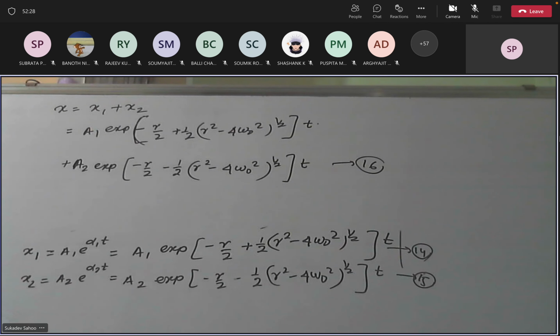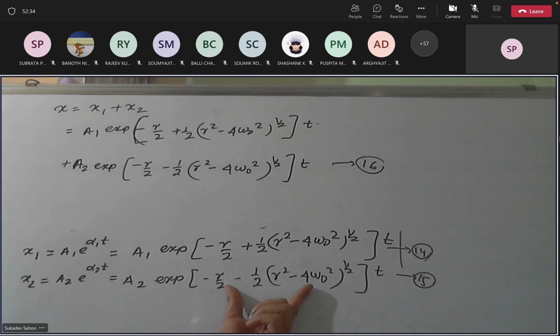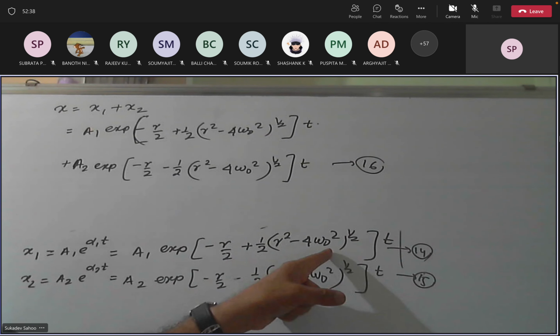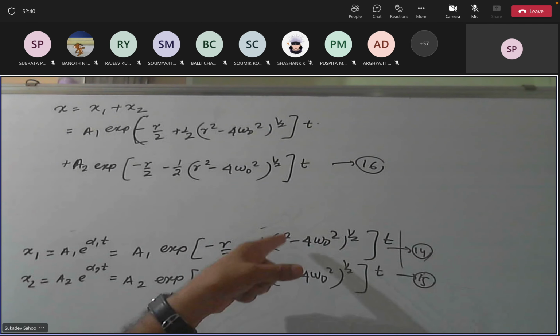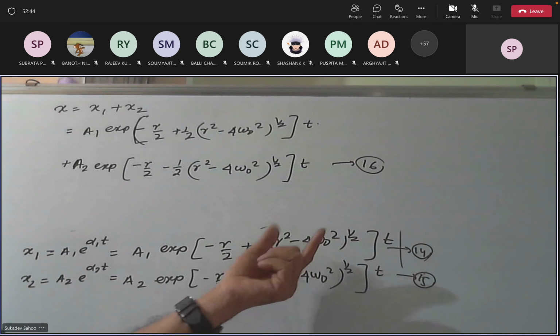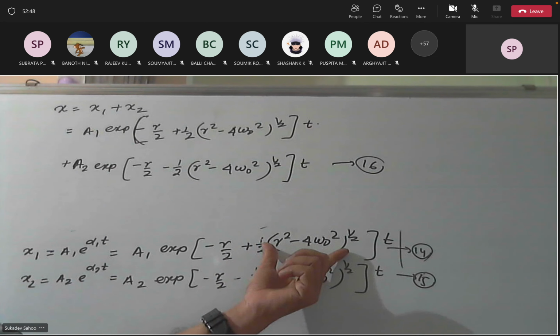Now, depending upon the nature of alpha 1 and alpha 2, this portion is alpha 1, this is alpha 2. Now you see, if gamma is greater than 2 omega 0, this will be positive. If gamma equal to 2 omega 0, this term will be 0. If gamma is less than 2 omega 0, this will be imaginary.